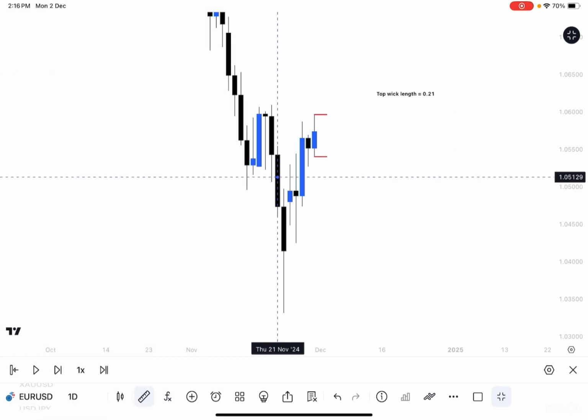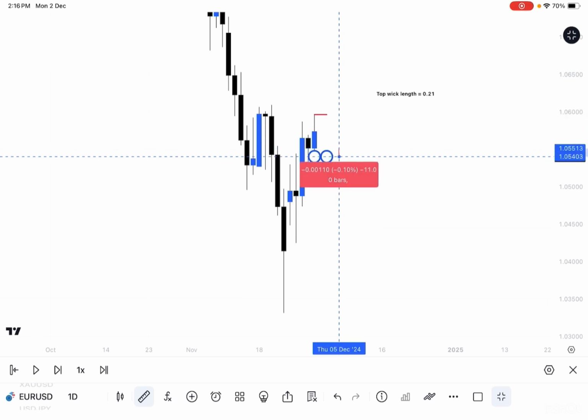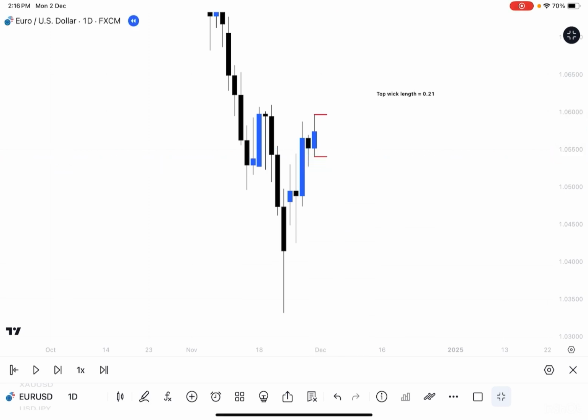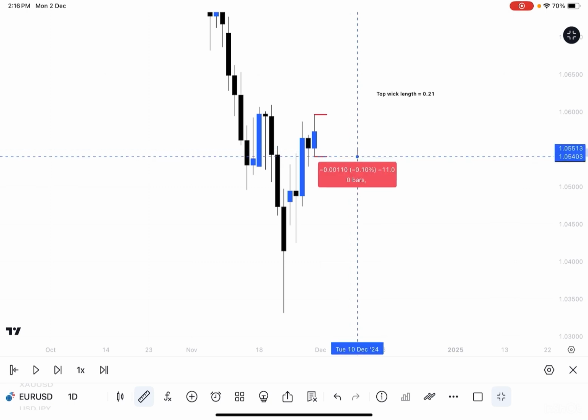Now let's measure the length of the wick present on the bottom of the same candle. The length of the wick present on the bottom is 0.10.